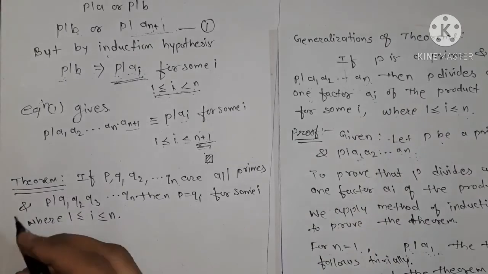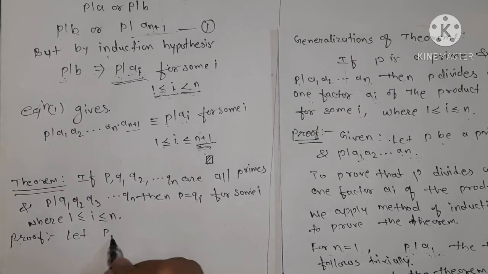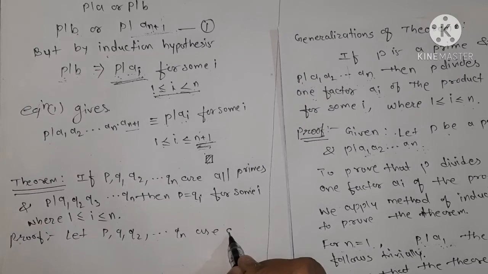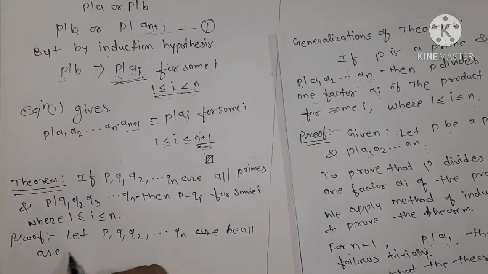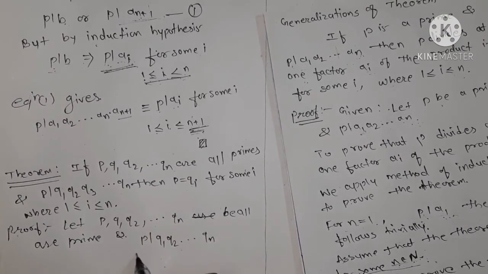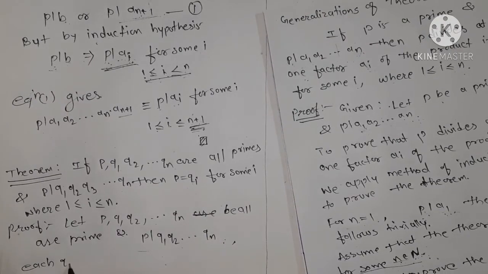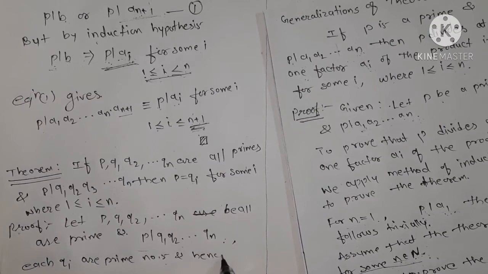So in the proof, we let p, q1, q2 and so on up to qn all be prime, and p divides q1 q2 up to qn. This is our given condition, where each qi is a prime number and hence a positive number, right?